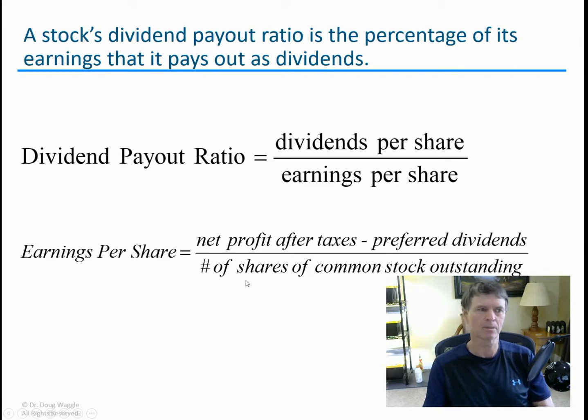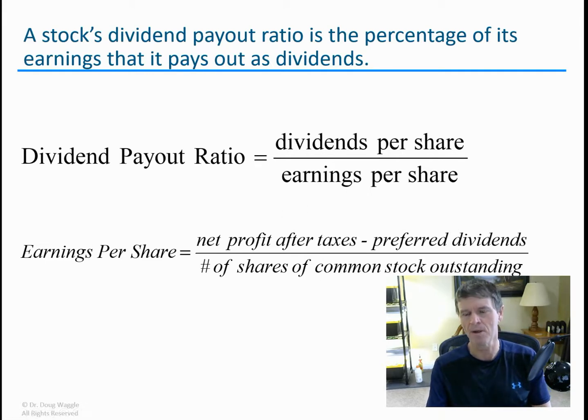Now, earnings per share, remember way back when we saw the income statement for an individual. Companies have their own income statements and they follow slightly different rules, but earnings per share for a company would be basically their net income divided by however many shares of stock there are outstanding.